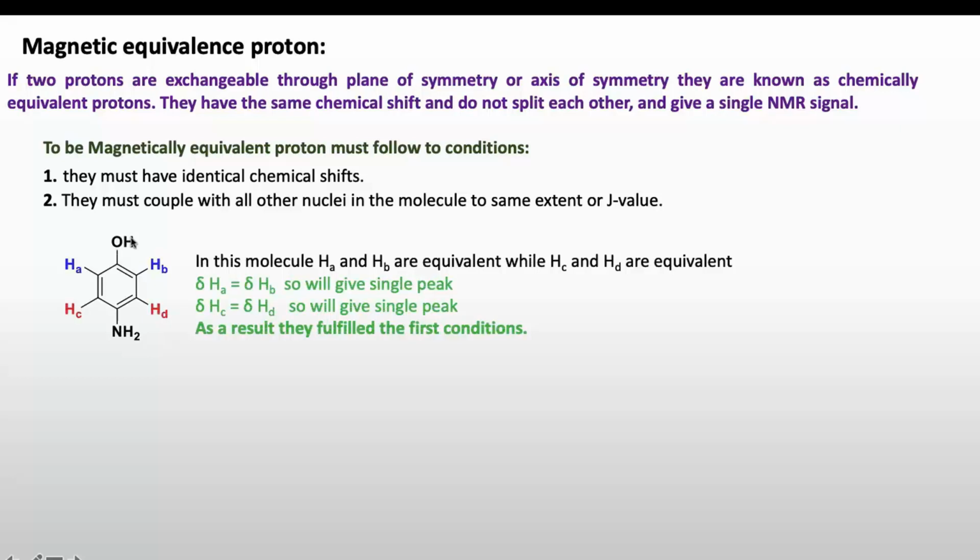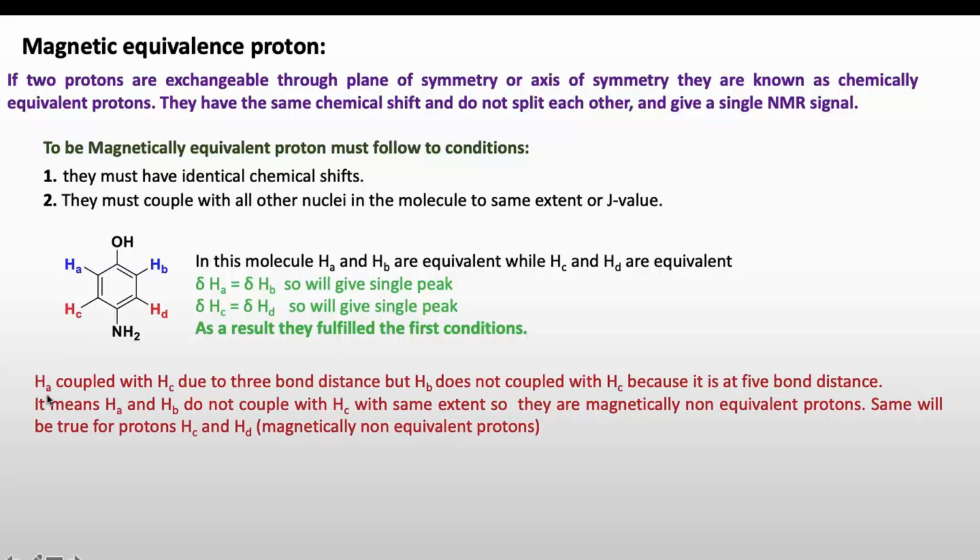Let's take the example of this substituted benzene. In this, HA and HB are chemically equivalent protons, while HC and HD are chemically equivalent protons. So HA and HB will give one signal, appearing at the same chemical shift, while HC and HD will also give one single peak at the same chemical shift value. But HA couples with HC due to a 3 bond distance, while HB does not couple with HC because it has a 5 bond distance from HC. So between these two chemically equivalent protons, HA is coupling with HC, but HB is not.